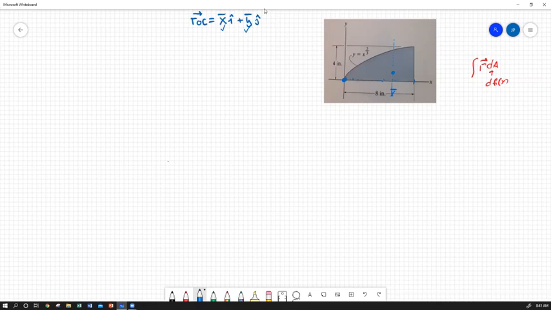And what I'm eyeballing for my x centroid is, is this area about the same as that area? Maybe I don't have it quite in the right place.